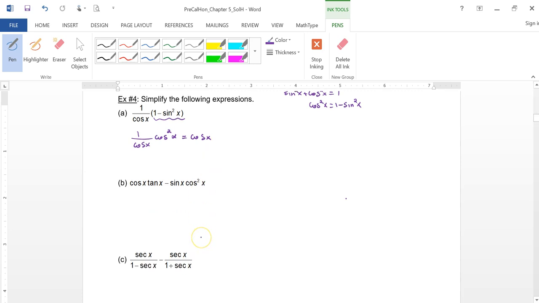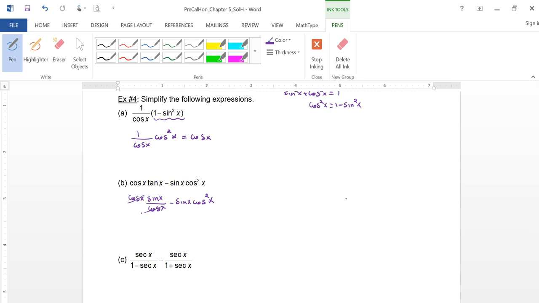Okay, here, you have a cosine and a sine, and you have a tangent. It's easiest to just make this into a sine over cosine. So when you do this, the cosines go away. Now I have sine minus sine times cosine squared.